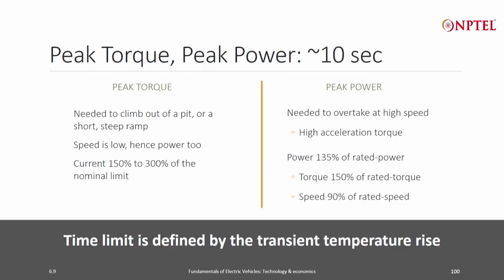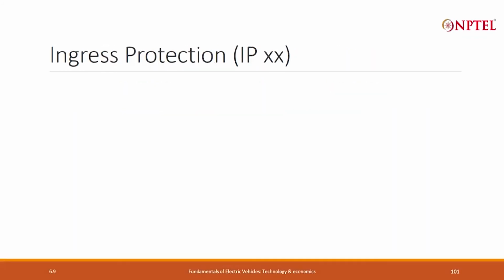The reason why we cannot persist with those operating conditions for too long is because the temperature will sharply start rising, and before it reaches dangerous levels I have to bring down the current, otherwise there will be a thermal meltdown. But for a short period it is okay, and that is defined normally as the peak torque or the peak power.